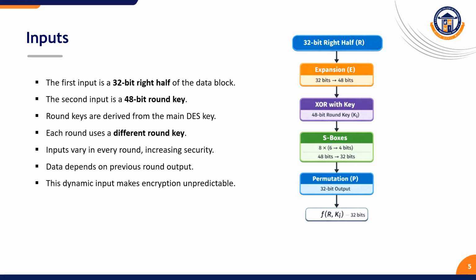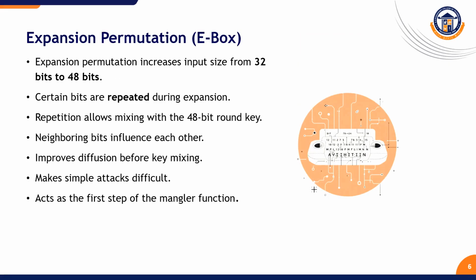Let's see it one by one. The first 32 bits go to the expansion box. The 32 bits are expanded into 48 bits with the help of repeating bits in the E box. This repetition allows mixing with the 48-bit round key, and neighboring bits influence each other.